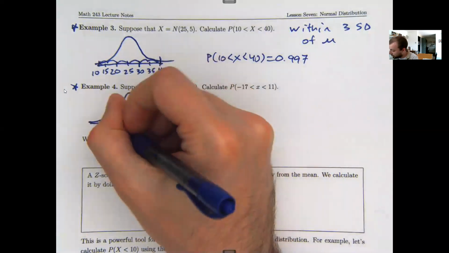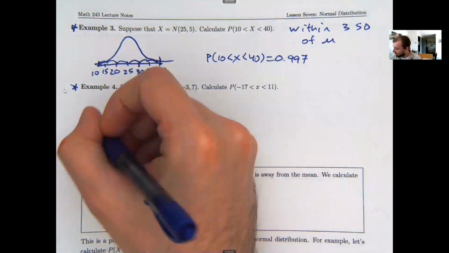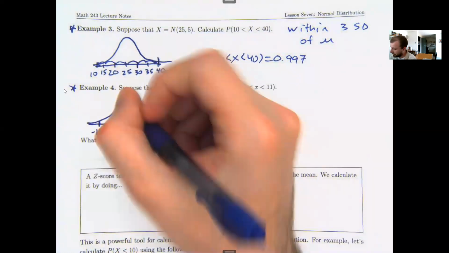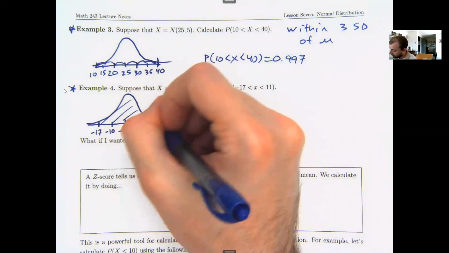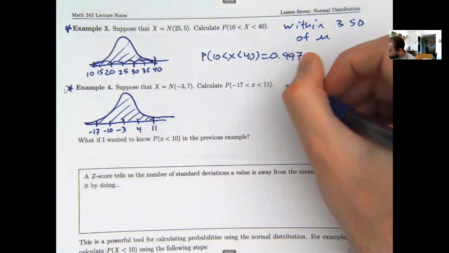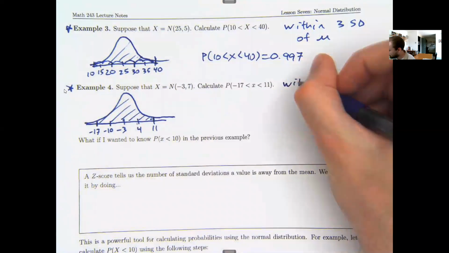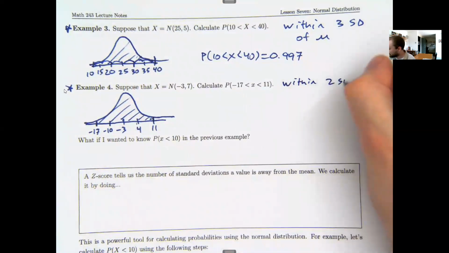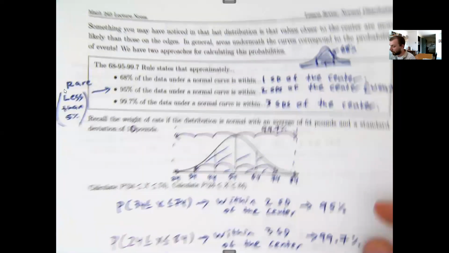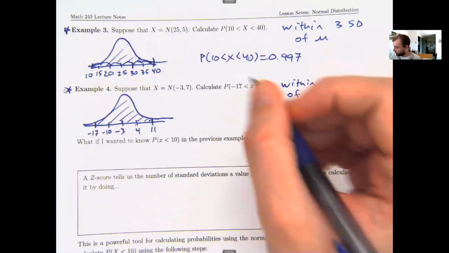Other direction, -3 take away 7 puts me at -10. -10 take away 7 more, I've got -17. I'm looking between these values on both of them. Between -17 and 11, this appears to be 2 tick marks up and 2 tick marks down. If I'm within 2 standard deviations of the center, then matching that up with the rule from earlier, 68, 95, 99.7, that's the 95 part of the rule.